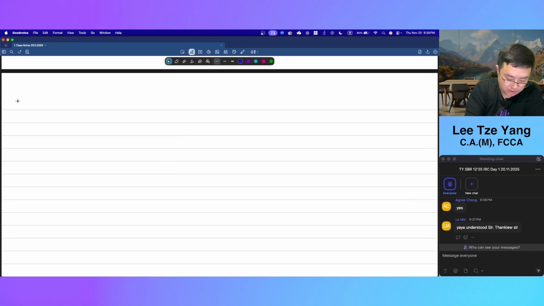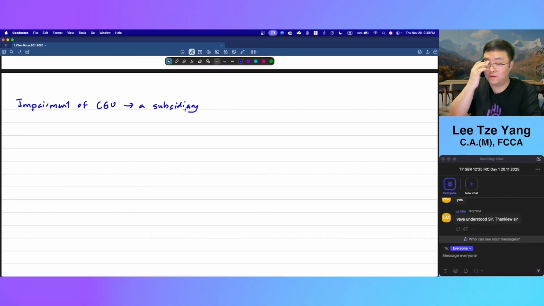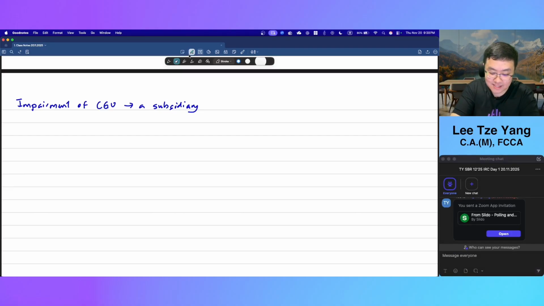Okay, consider this scenario. Everyone, consider this scenario. If I have an impairment of a CGU and the CGU is a subsidiary. Now, as you know, my subsidiary can have many assets, right?